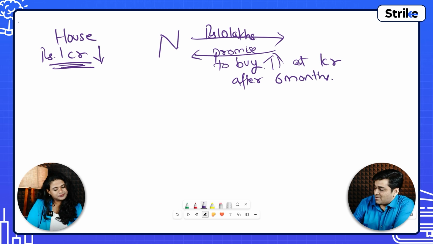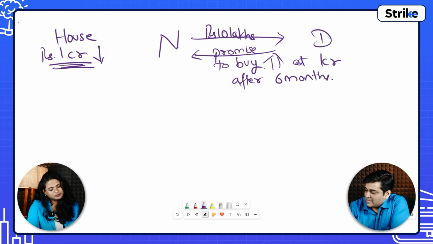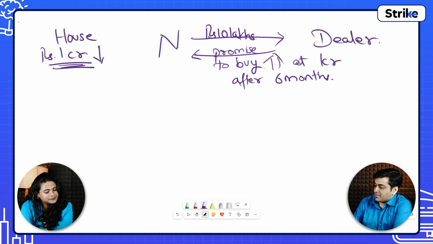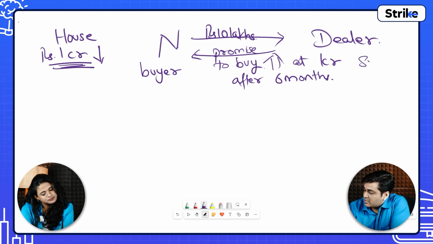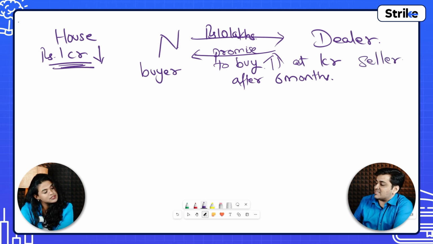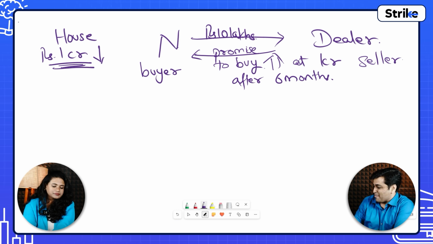Yes. All right. So here is your dealer, real estate dealer. All right. So now, Nimisha, you gave money and bought something. Yes. You bought a promise from him. So you are termed as the buyer of this particular contract. Okay. And this Mr. Dealer over here is considered to be the seller of this particular contract. All right.